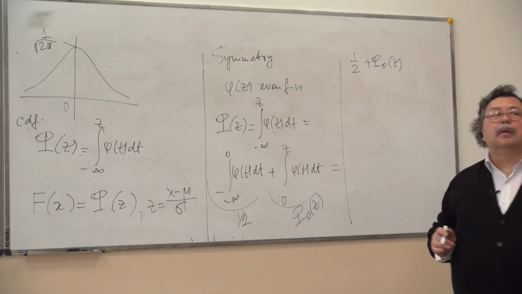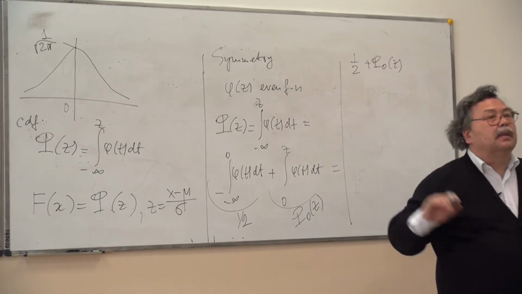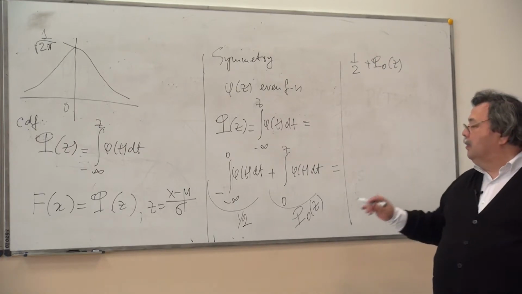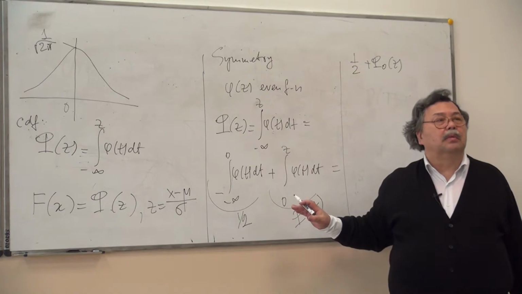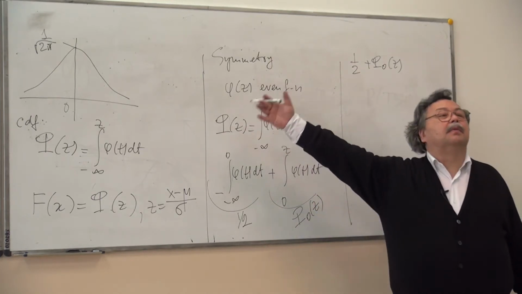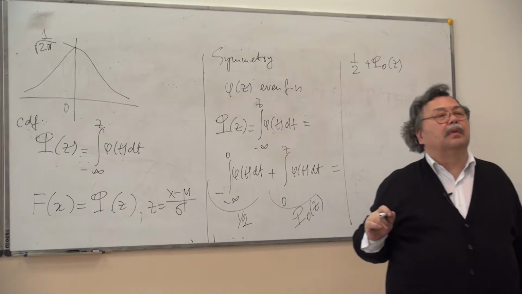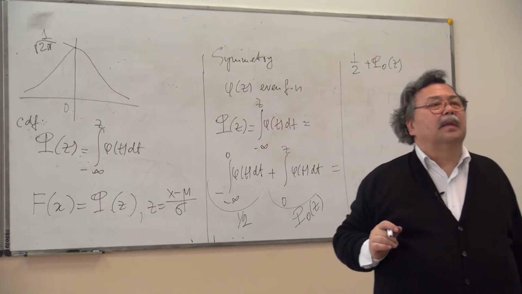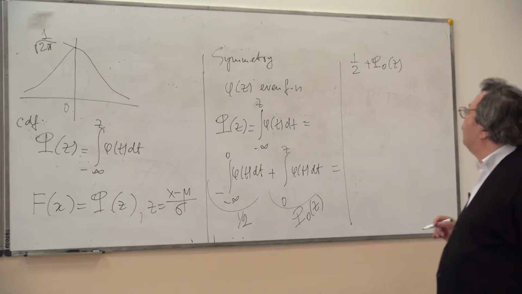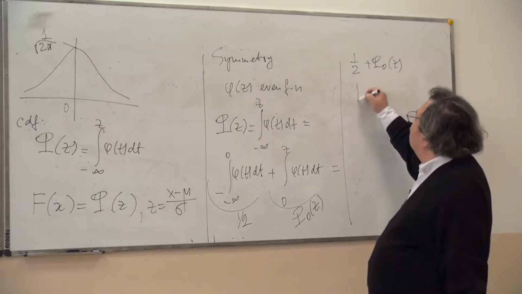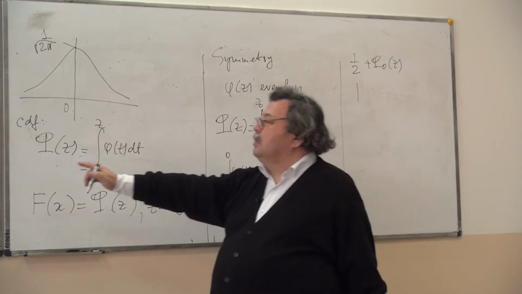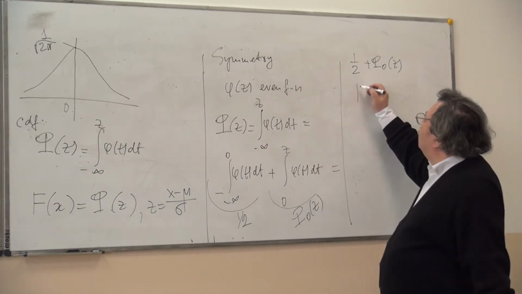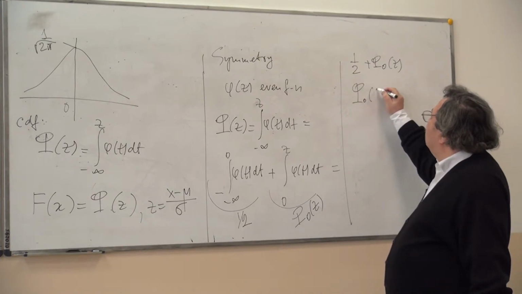Now what's the point in these manipulations? The point is that we can tabulate Phi 0 instead of this big Phi function. And Phi 0 is 1/2 of it. It makes the table shorter. Now, because little phi is even, Phi 0 is odd.